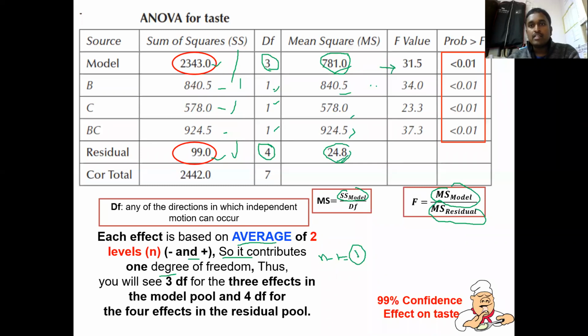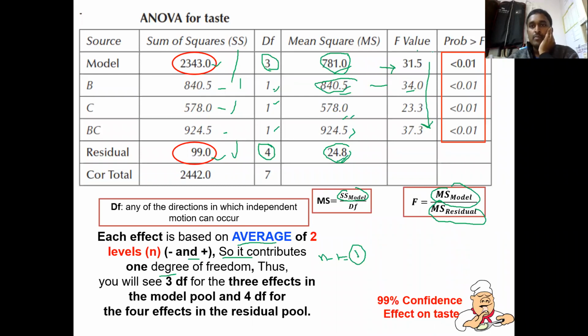Here in this case, the sum of squares is once again 781.0 and the sum of squares of the residue is 840.5, that is 34. Similarly for this and so on, you will get 34.1, 34, 23.3 and 37.3. Right. So these are the F values one requires to calculate the probability value.